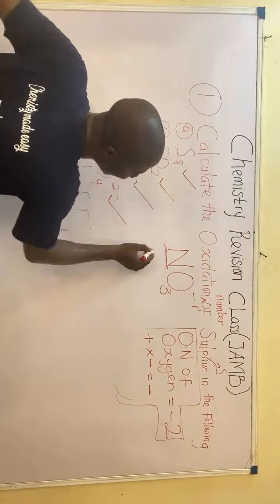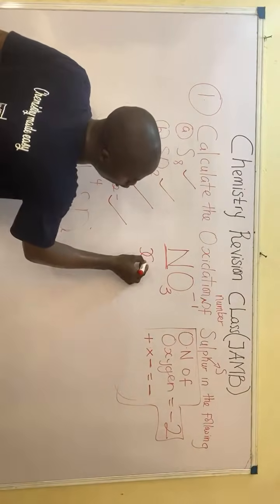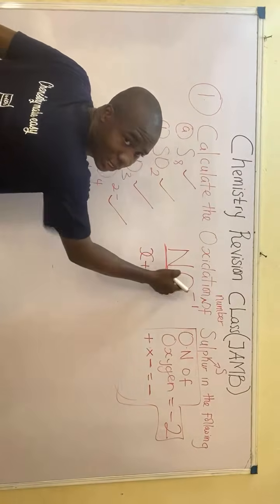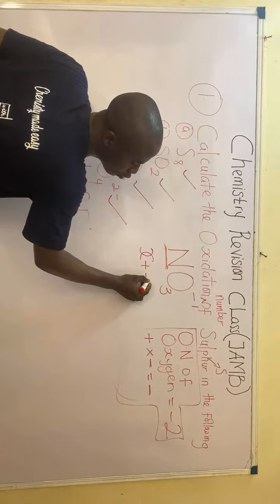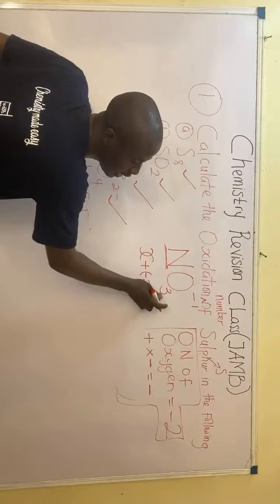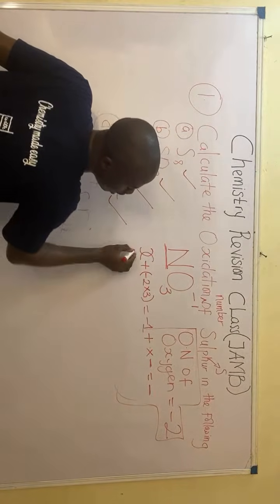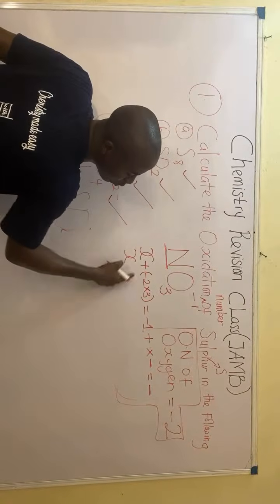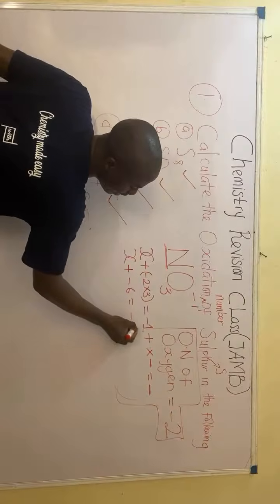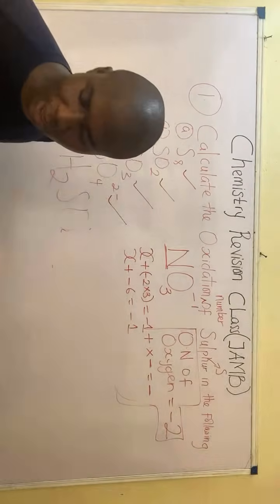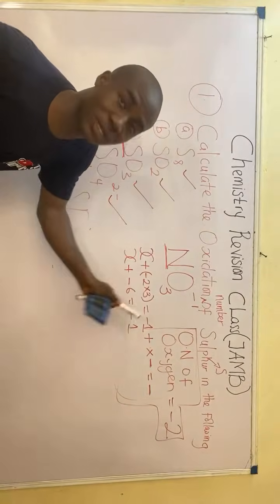Now, let's solve together. Nitrogen, we make it X, plus oxygen. What's the oxidation state of oxygen? Minus 2. But since we have 3 atoms, it's times 3, equal to the charge, which is minus 1. So X plus minus 6, because minus 2 times 3 is minus 6.